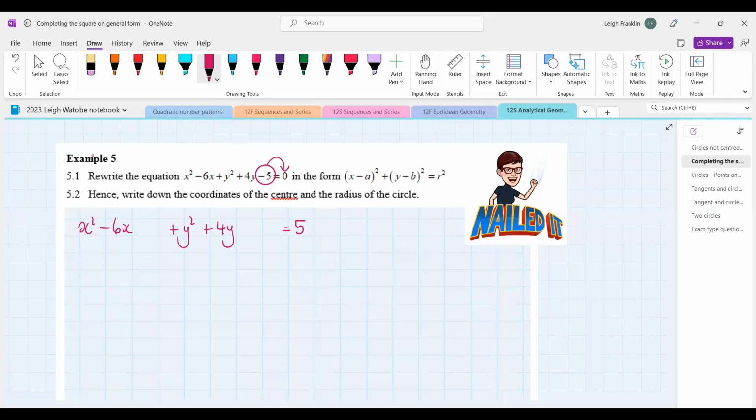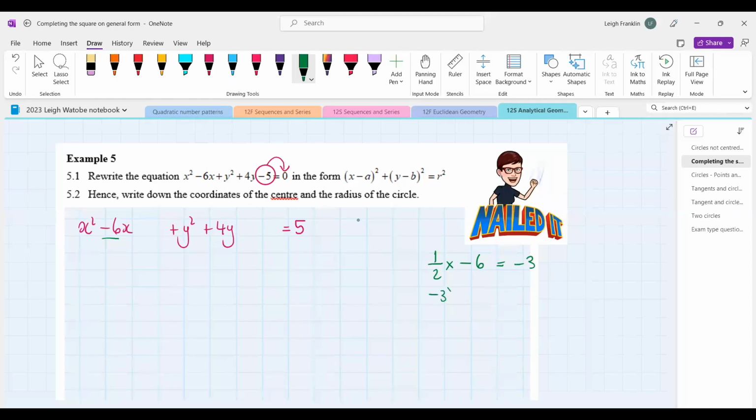So it's going to become positive 5. When I complete the square on an expression, I take half of the x or y term. Let's complete the square on the x first. I take half of minus 6, that coefficient over here, which is negative 3.